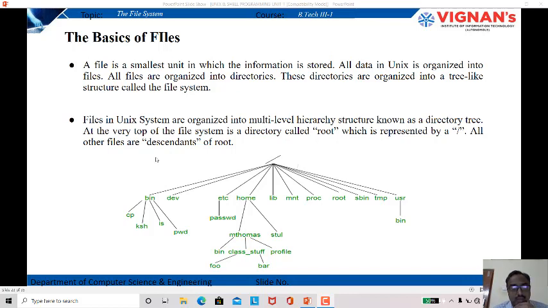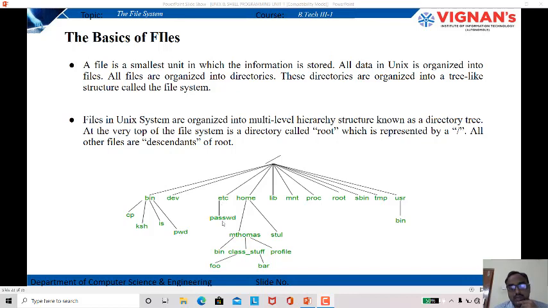From there we have a number of so-called files. We have bin, dev, etc, home, lib, mnt, proc, root, sbin, tmp, usr. Again, bin will be categorized into cp, ksh, ls, pwd.